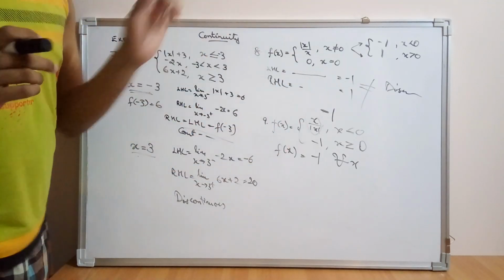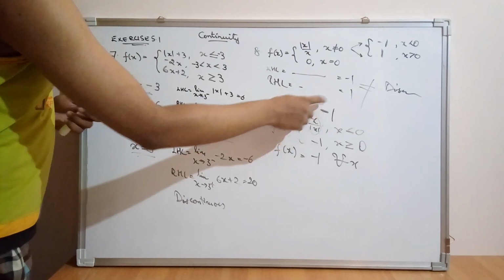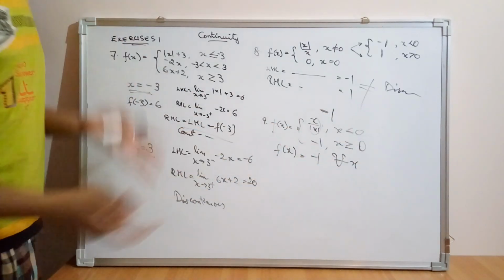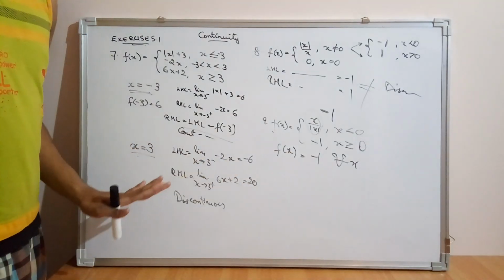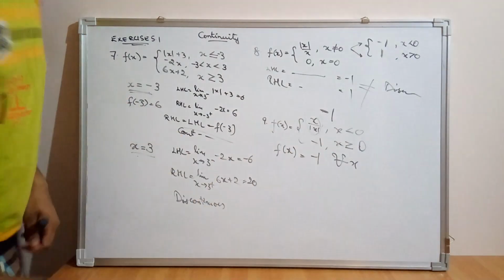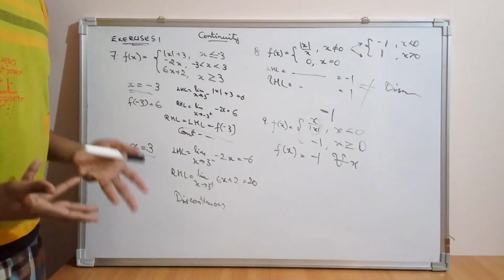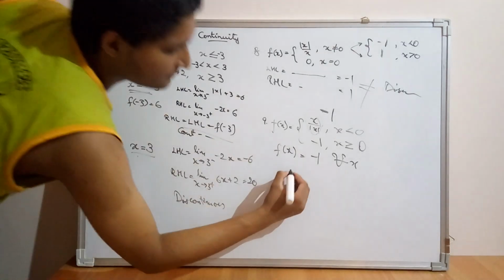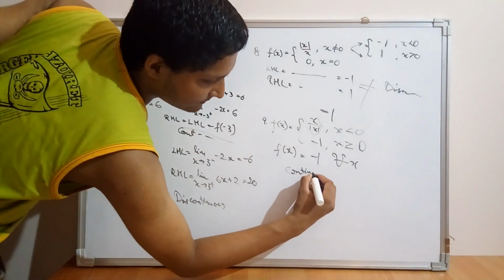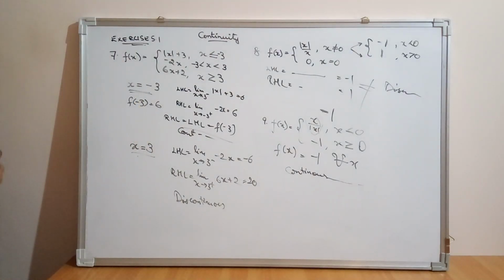So x divided by minus x becomes minus 1. Therefore, this part also becomes minus 1. This is already minus 1. Therefore, the whole function changes to minus 1 only, for every value of x. That means it is a constant function. I am not at all bothered about the constant function; it is going to be continuous. I can write it as continuous at all its points. That's all about the 9th question.